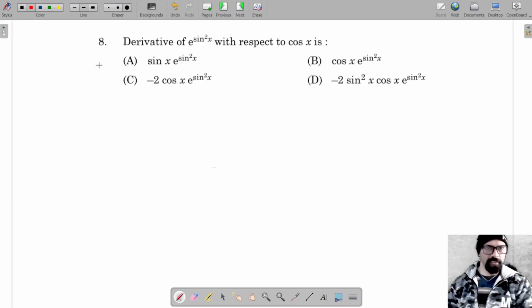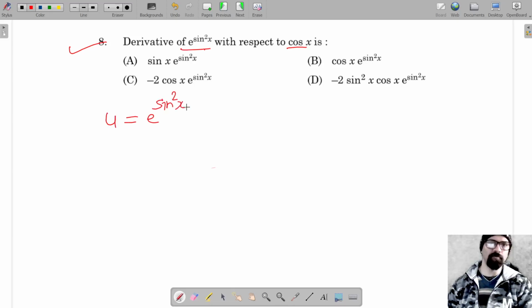Okay, for question number 8, we have to find the derivative of e raised power sine square x with respect to cos x. So let's consider them as u and v. So u is equal to e raised power sine square x, and v is equal to cos x.